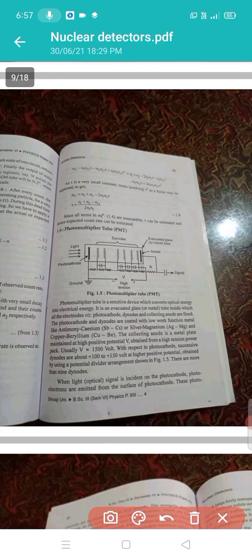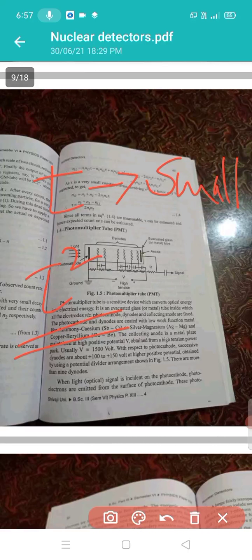As tau is a very small constant, the terms involving tau square become very small, hence they can be neglected. The terms containing a factor tau square we can neglect because tau is very small.